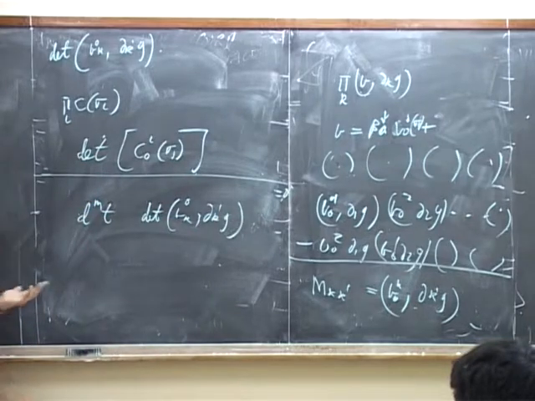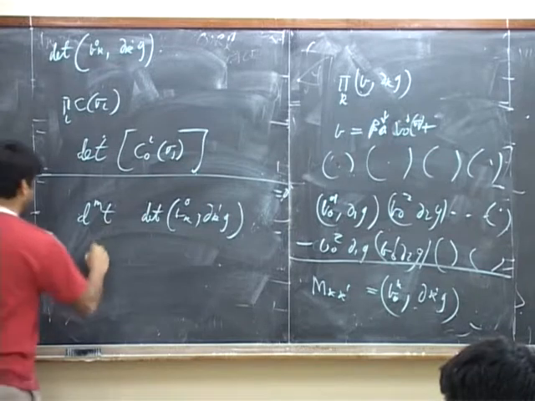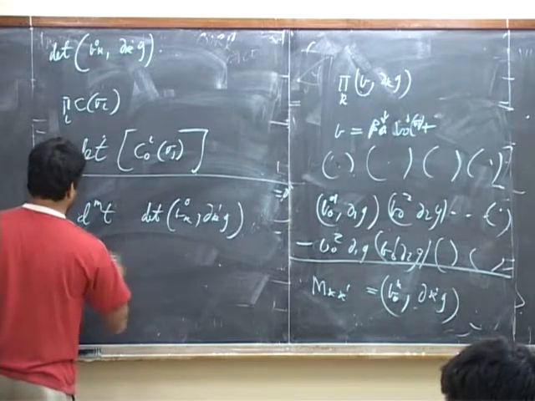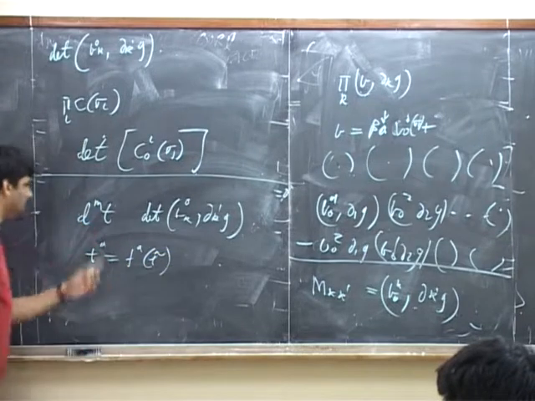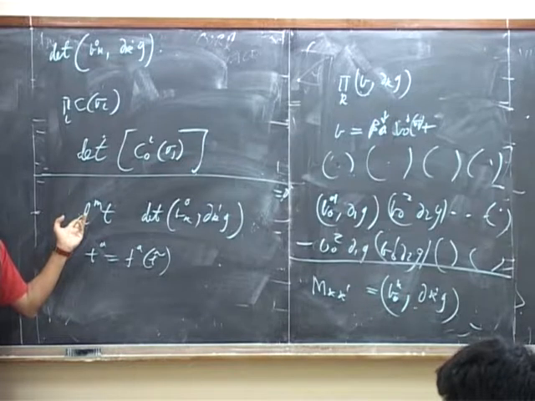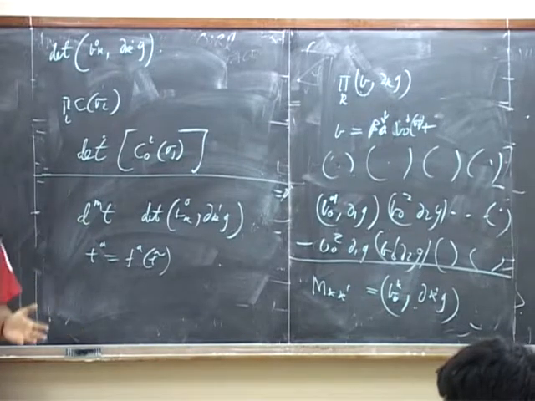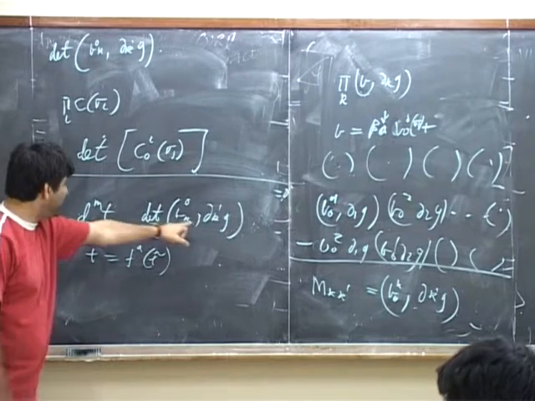Now suppose we make some transformation, some field redefinition, t^a equals f^a of t. How does this measure factor change? It's the Jacobian. Determinant of the Jacobian matrix. How does this determinant change?